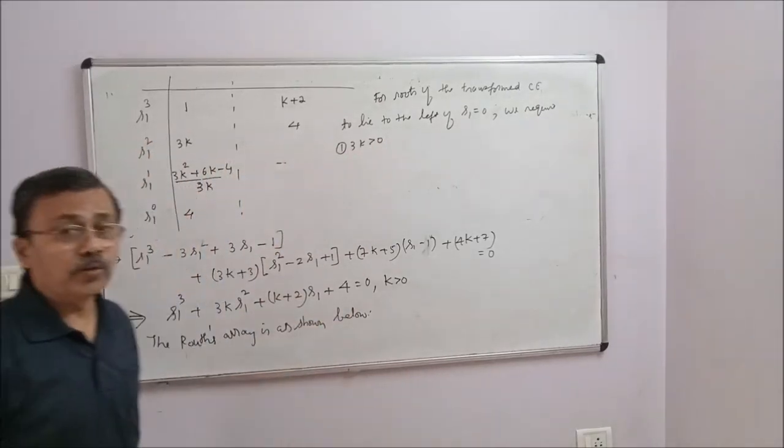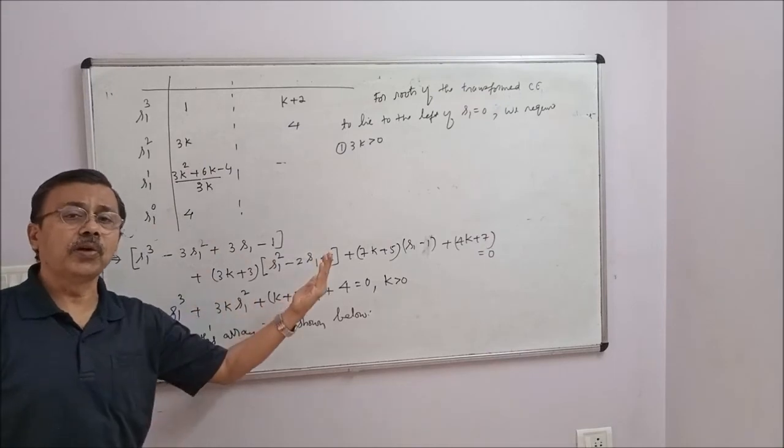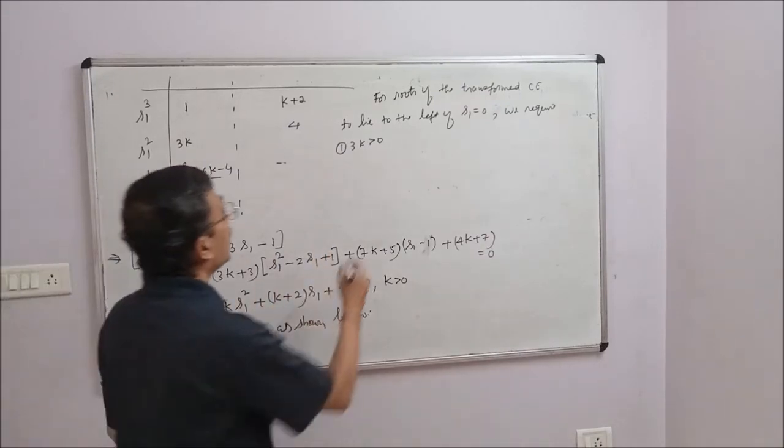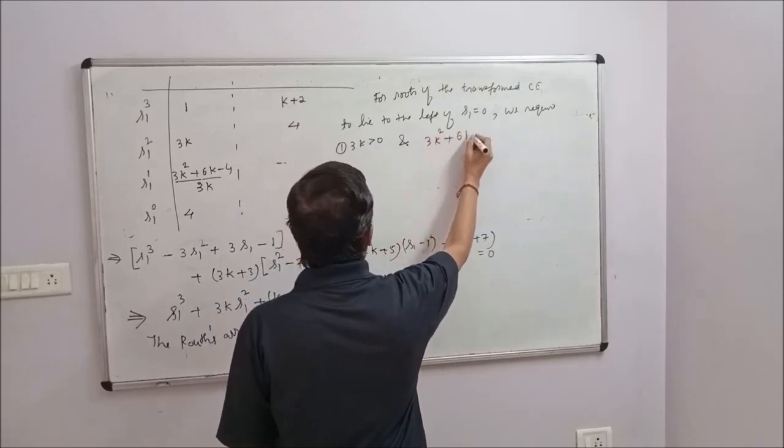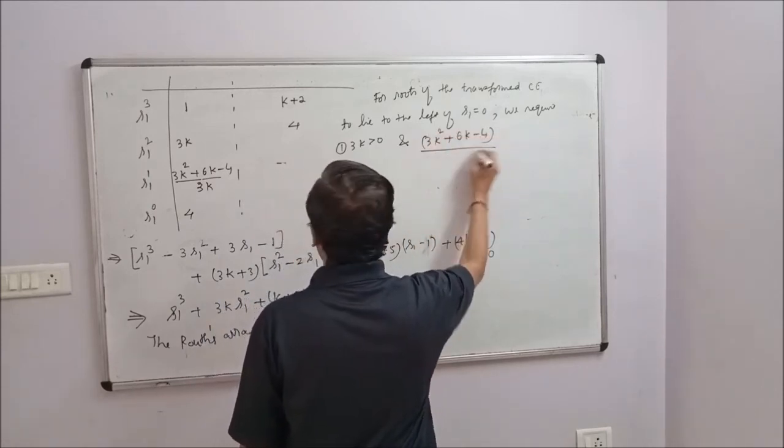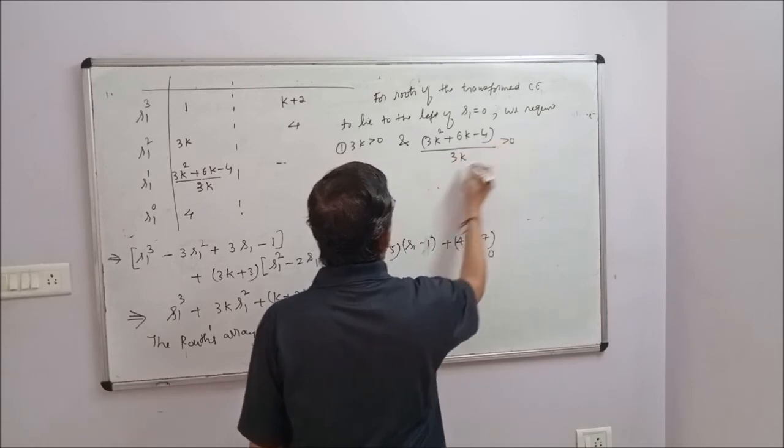Left of S1 equal to 0 means to the left of S is equal to minus 1. 3k greater than 0 and (3k square plus 6k minus 4) divided by 3k greater than 0.